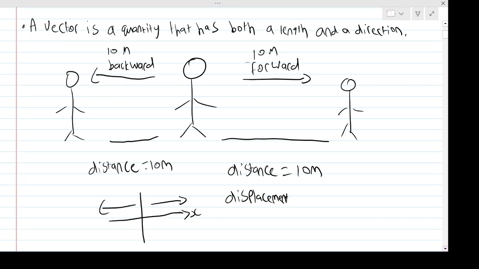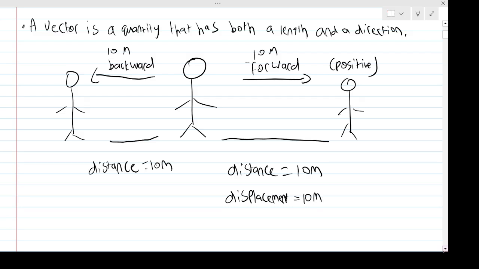It's the same idea here. Because they're going forwards, this is the positive direction, which means the displacement is positive, so that will also be 10. The displacement is the same as the distance because the length is 10 and it's in the positive direction.